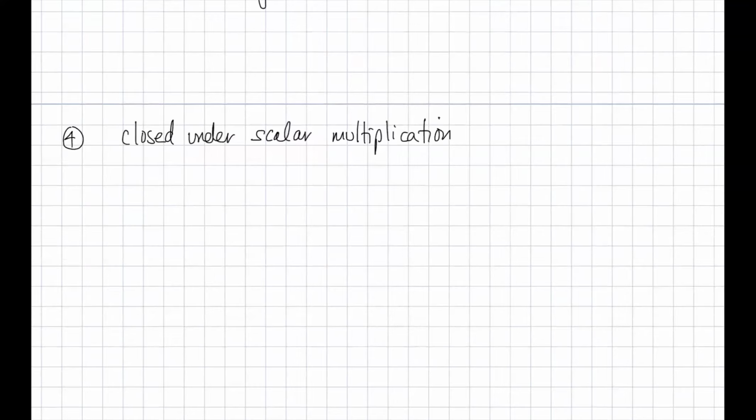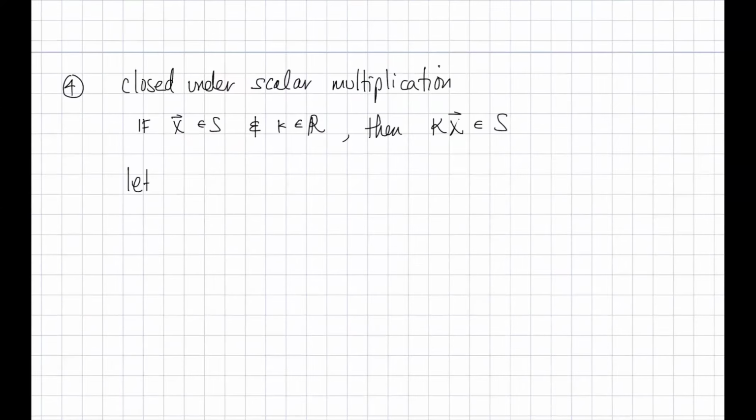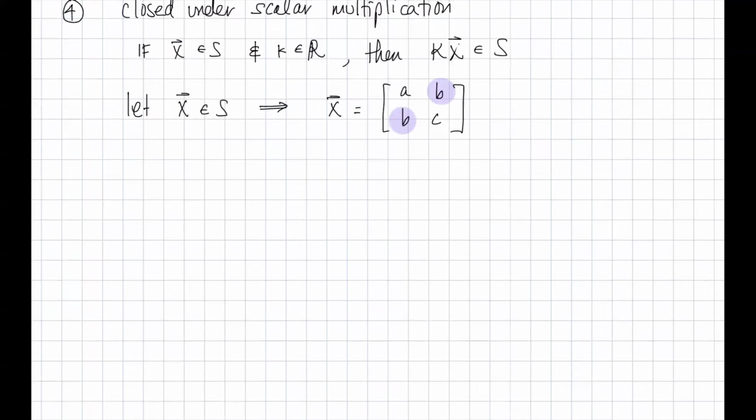In order to be closed under scalar multiplication, we want to show if x is an element of S and k is any real scalar, then any scalar multiple of the x vector is also in the set S. So we're going to let x be in S. Immediately, that's going to tell us that we're starting off with something that has this 2 by 2 symmetric structure.